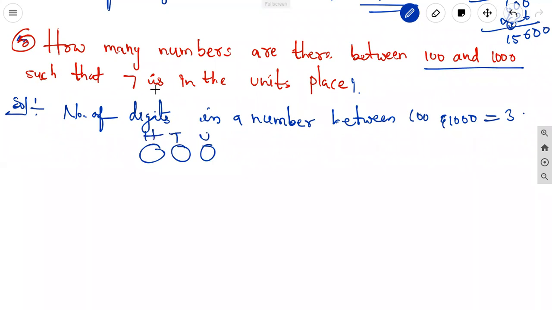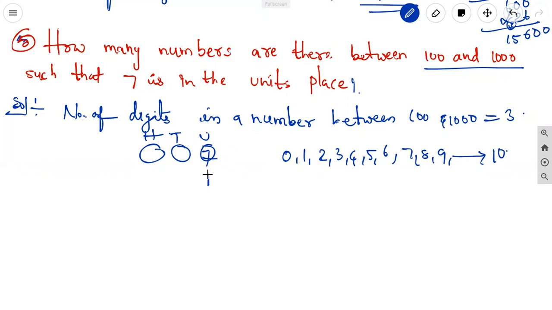Here, 7 is in the units place. It is fixed, only one way. How many digits are there? 0, 1, 2, 3, 4, 5, 6, 7, 8, 9. We are using the digits only, so it goes up to 9. Total 10 digits are there.